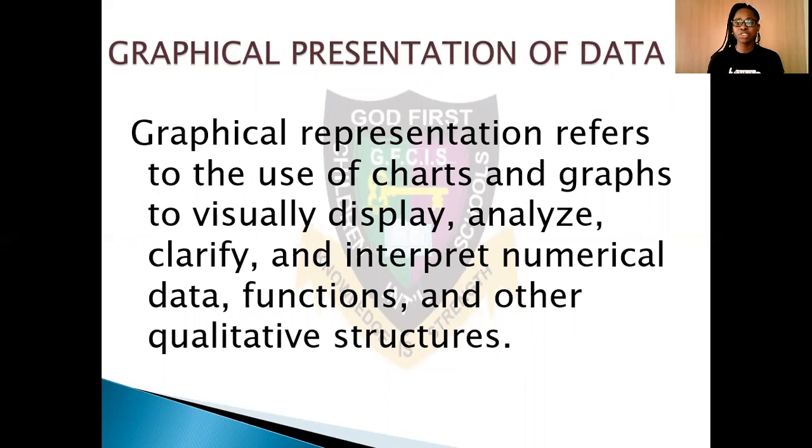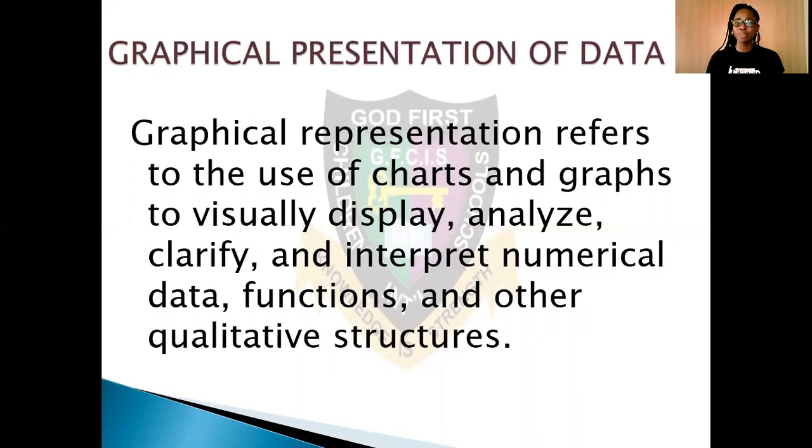Graphical presentation of data is a way of representing data using pictogram, which uses pictures, using bar chart or tabular bar, and also using pie chart. It is a way of displaying, analyzing, clarifying, and interpreting numerical data, functions, and other qualitative structure in graphical ways.